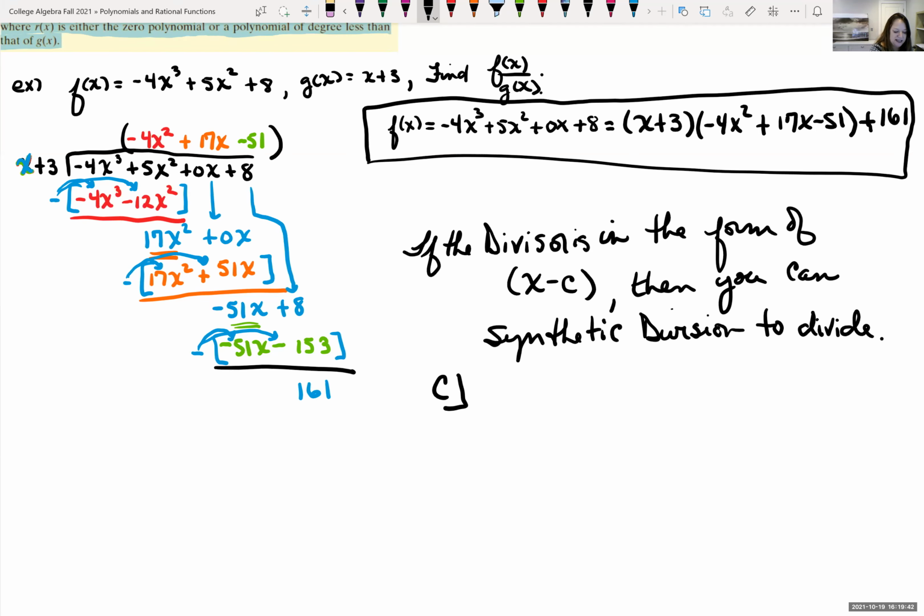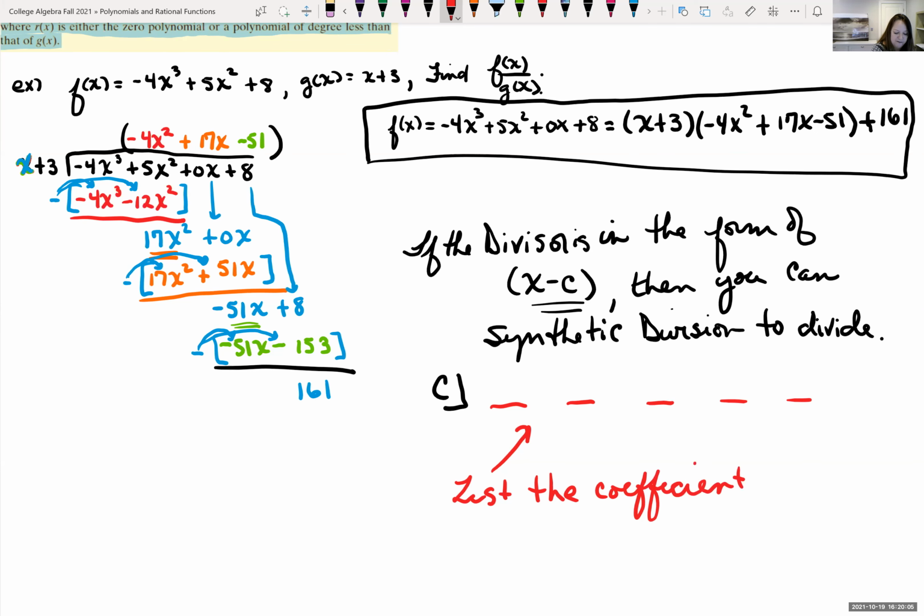So it's really that c value is the opposite sign that's in here. And then you're going to list right in here, the top horizontal. So list the coefficients. So remember the coefficients were the numbers that were in front of your variable.